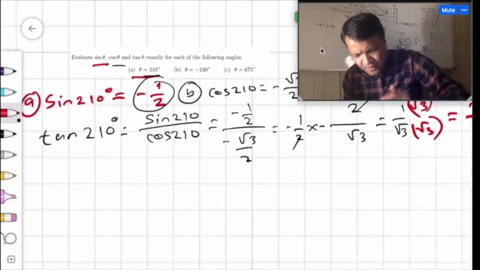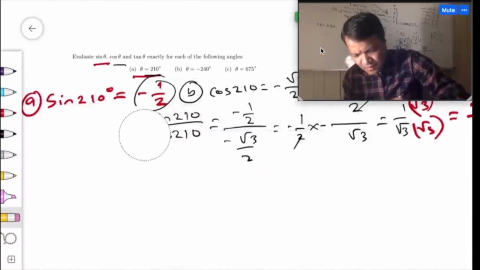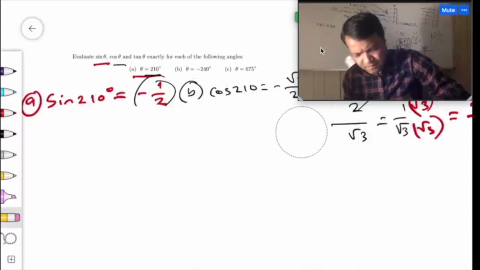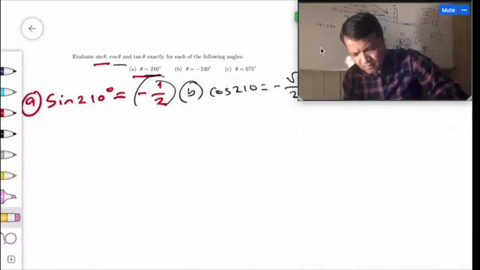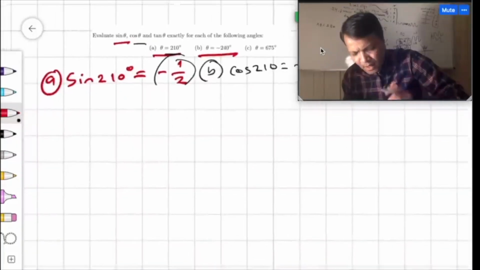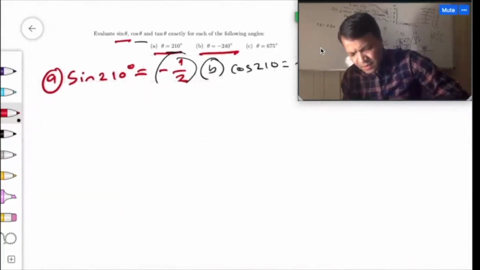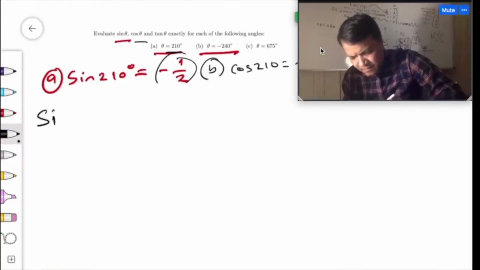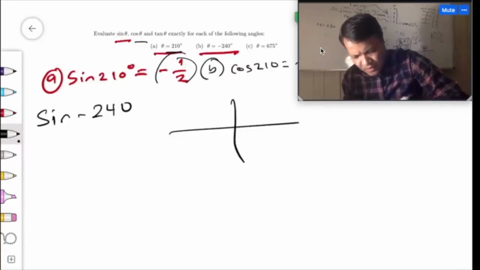Okay, so now you're going to solve the next one, 240. First we're going to solve sine of negative 240. Where does 240 fall? 240 falls somewhere here.